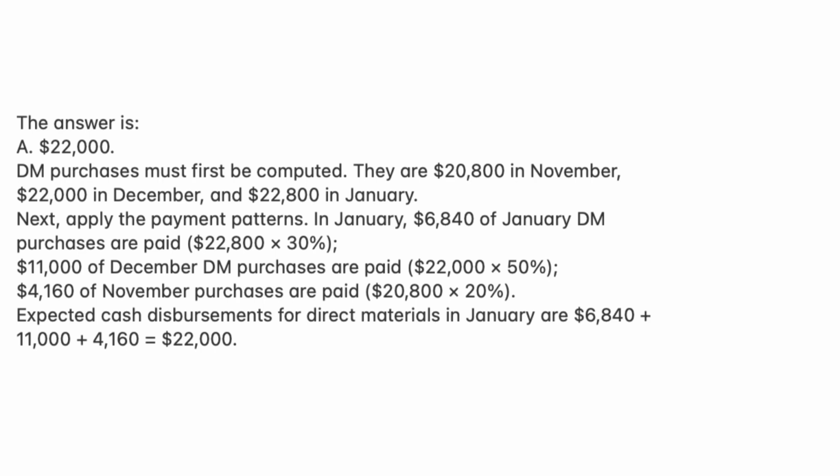$22,000. DM purchases must first be computed. They are $20,800 in November, $22,000 in December, and $22,800 in January. Next, apply the payment patterns.